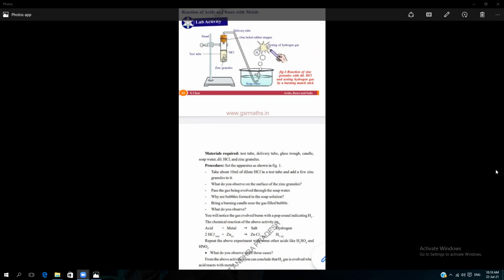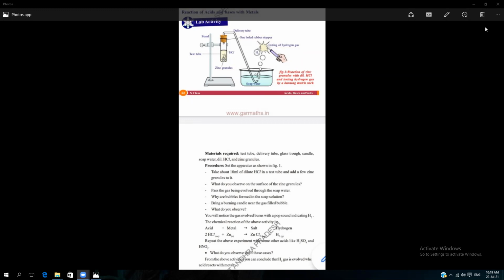What is the reaction? We will find it out. To find out the reaction of acids and bases with metals, we have to conduct one small activity.